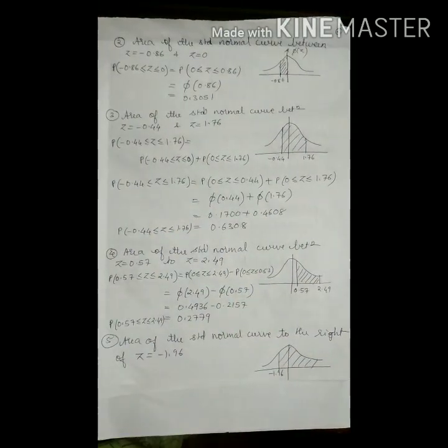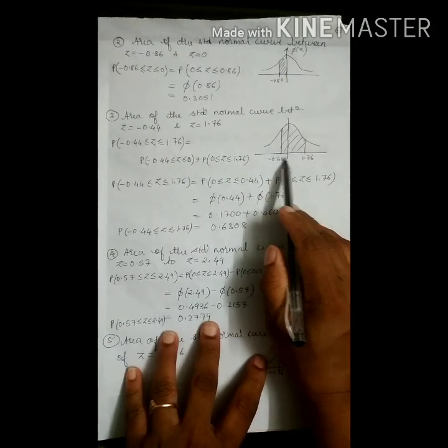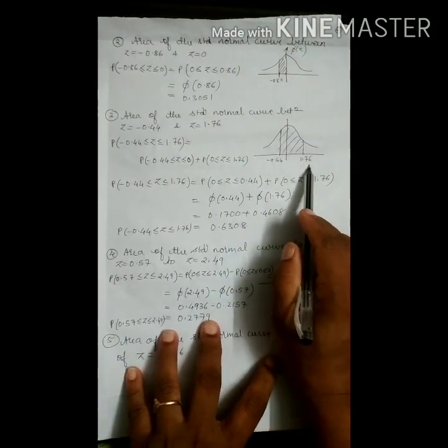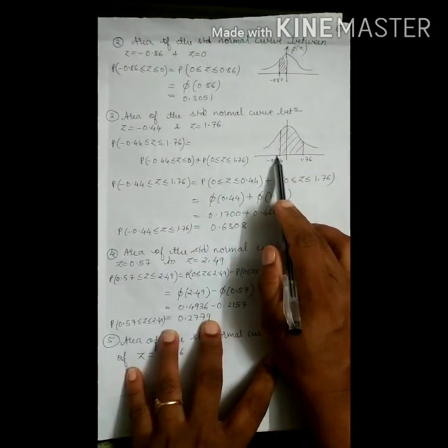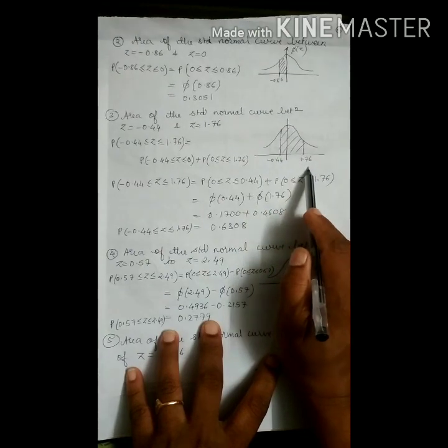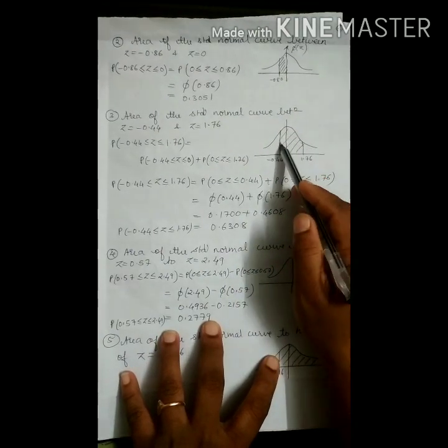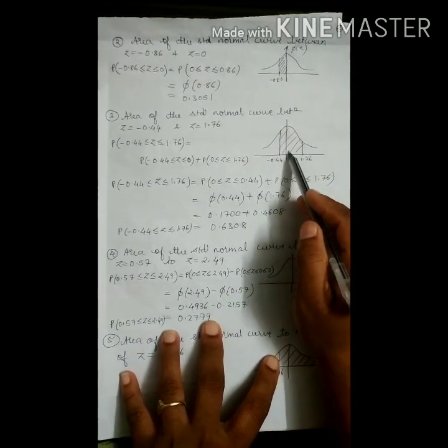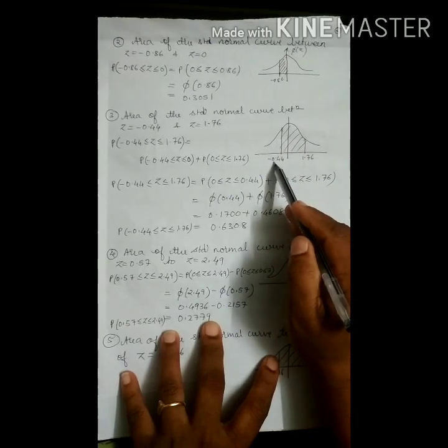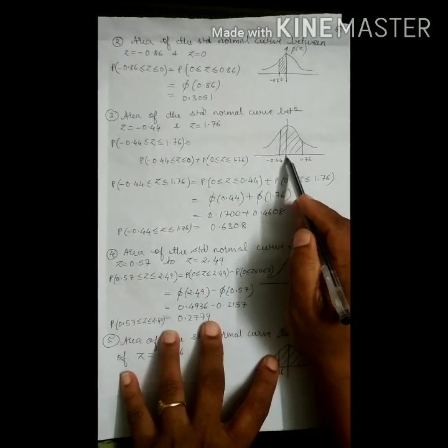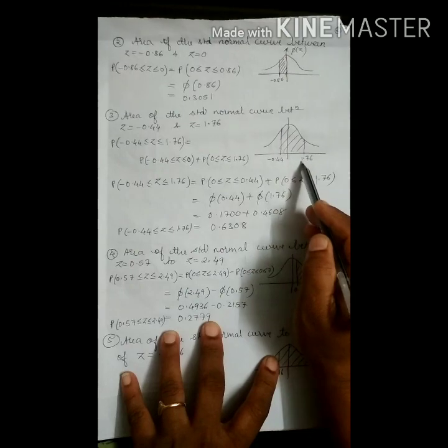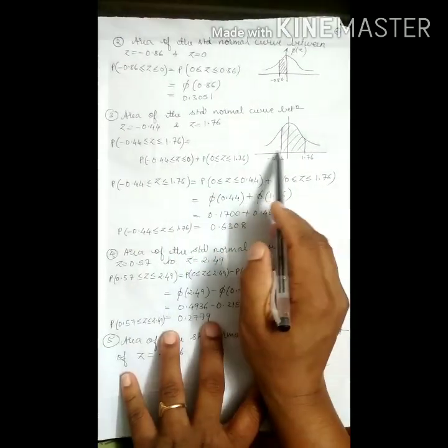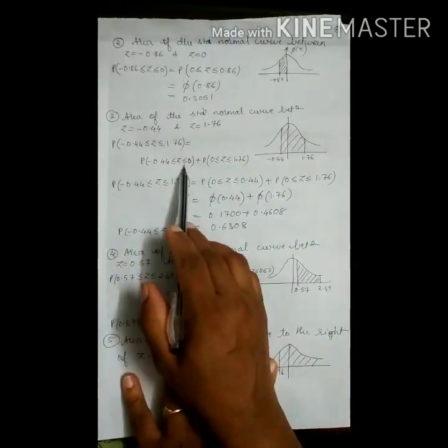Next, area of the standard normal curve between minus 0.44 to z equals to 1.76. If you have to calculate, draw again for the figure. Minus 0.44 to 1.76 means minus means this side you have to take, and 1.76 means this side. Means total area is this area you have to calculate. So take the distribution from minus 0.44 to 0 plus 0 to 1.76 will give you this area. So I have distributed, see.